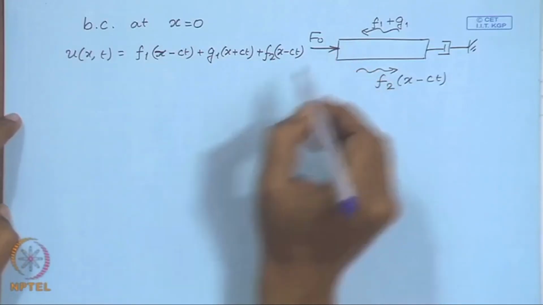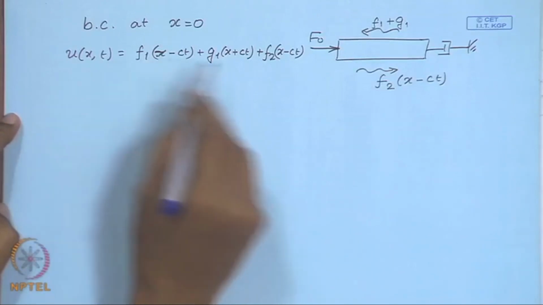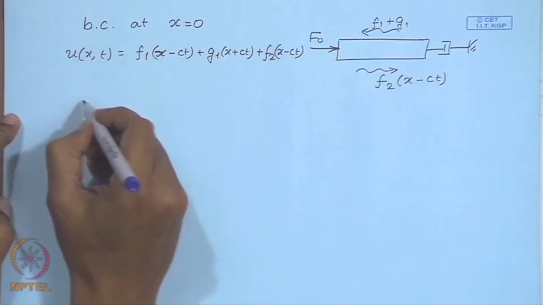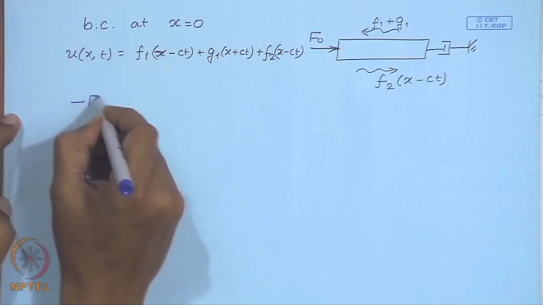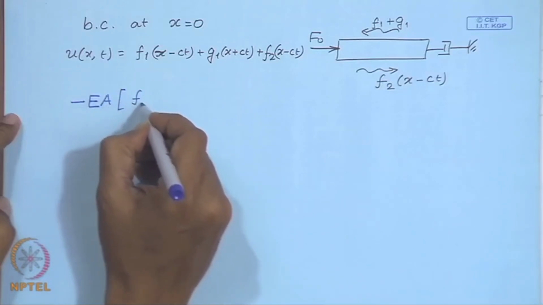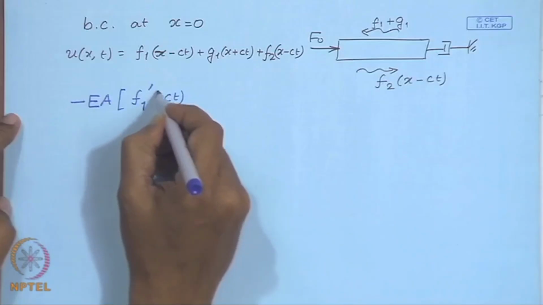So, here so what you will obtain finally when you do all these substitutions, so at x equal to 0.